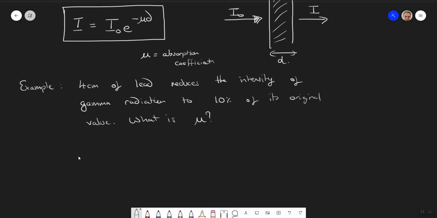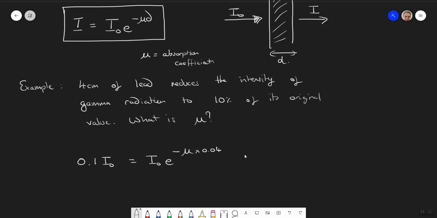So we've got 0.1 I0, that's our 10% of our initial intensity, is equal to I0 e to the minus mu times 0.04. There's our centimeters into meters.